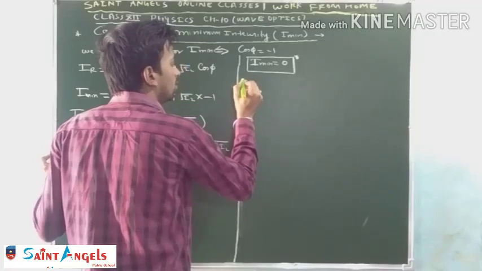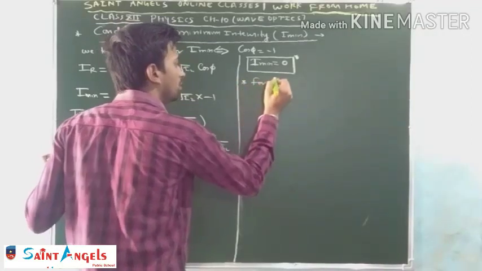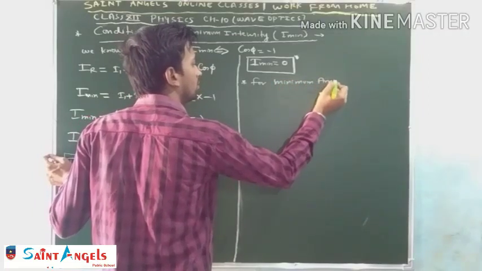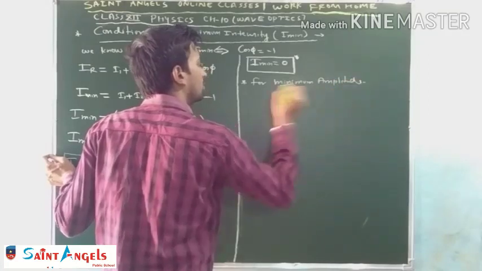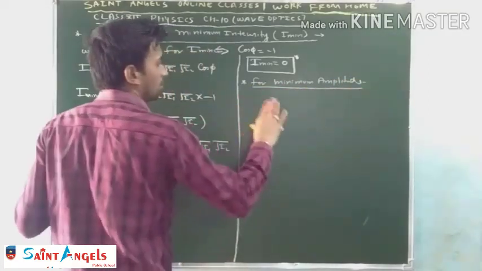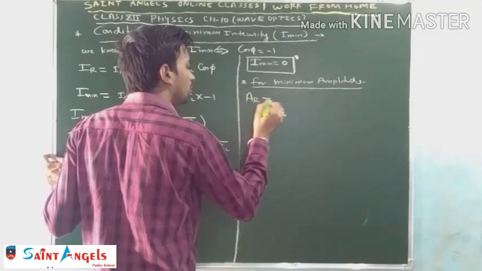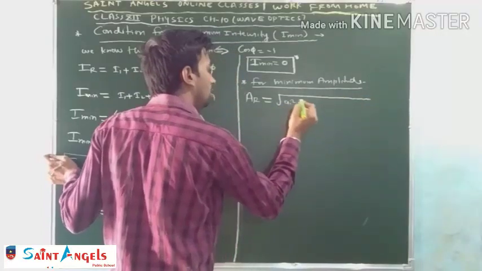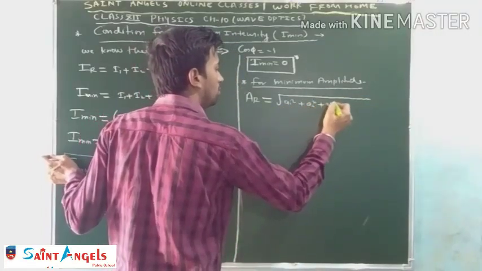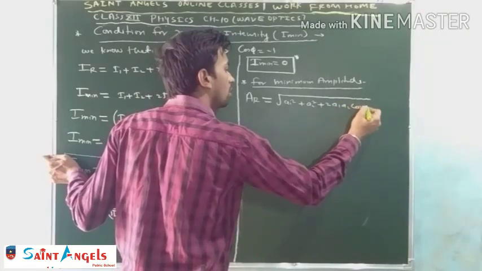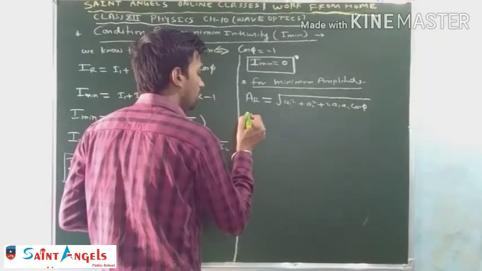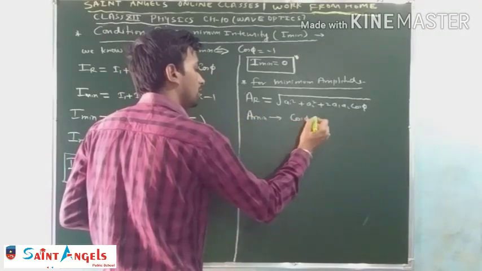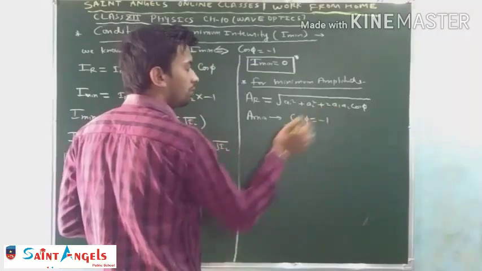Now for minimum amplitude, we know that the resulting amplitude of the superposed wave is under root A1 square plus A2 square plus 2A1 A2 cos phi. And for minimum amplitude, cos phi must be equal to minus 1. Put the value of cos phi in this equation.